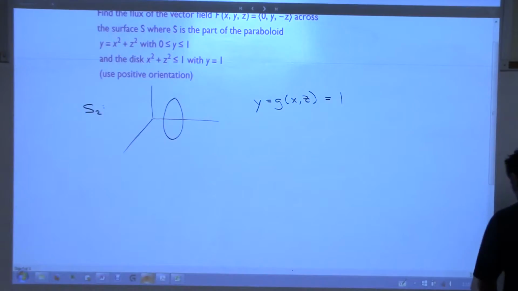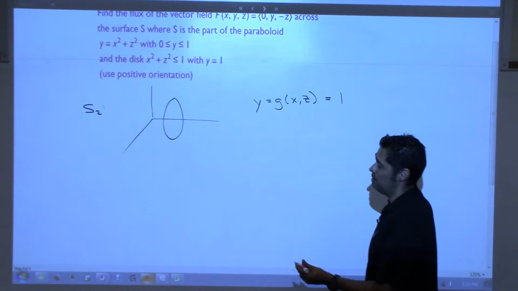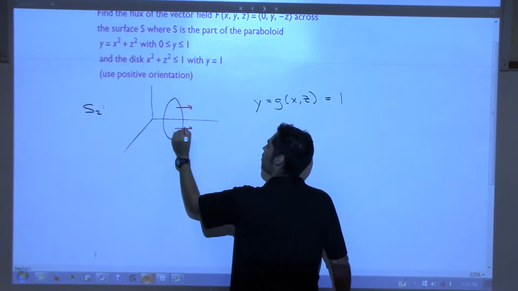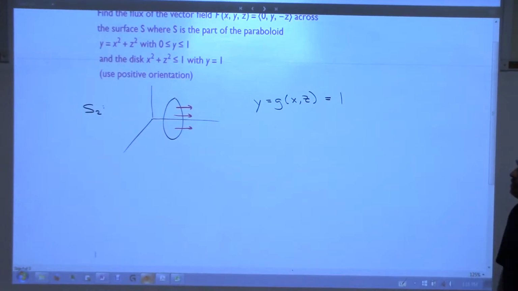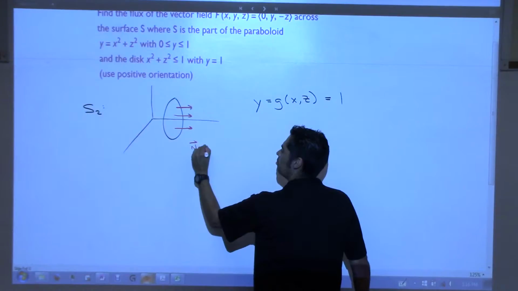All right, so look at this. Let's take a look just real quick. Because it's a plane, what can you tell me about the normal vectors that are pointing off any point on that plane? Tell me about a unit normal vector that would be coming off of that. What does it have to look like? Any normal vector.